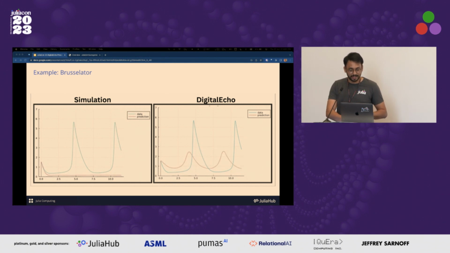If you see the right-hand side, you can see the speed at which the parameter estimation is able to fit and converge. And this is all enabled because of Digital Echo, right? As I said, you can use Digital Echo as a drop-in replacement for the original model. That means that you can use it as a drop-in replacement for parameter estimation, control tuning, all of that, right?